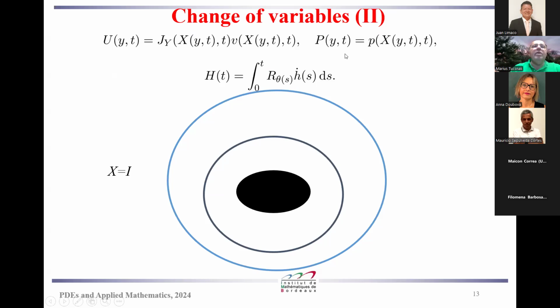And moreover, before doing this, I should have said this change of variable capital X is slightly modified by truncation. So it will be identity far from the obstacle, and it will coincide with the motion of the obstacle in a neighborhood of this one, so in this black region.